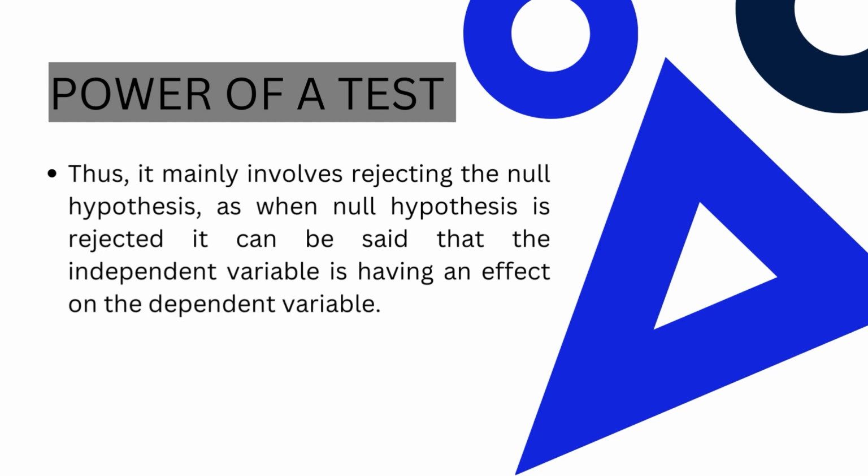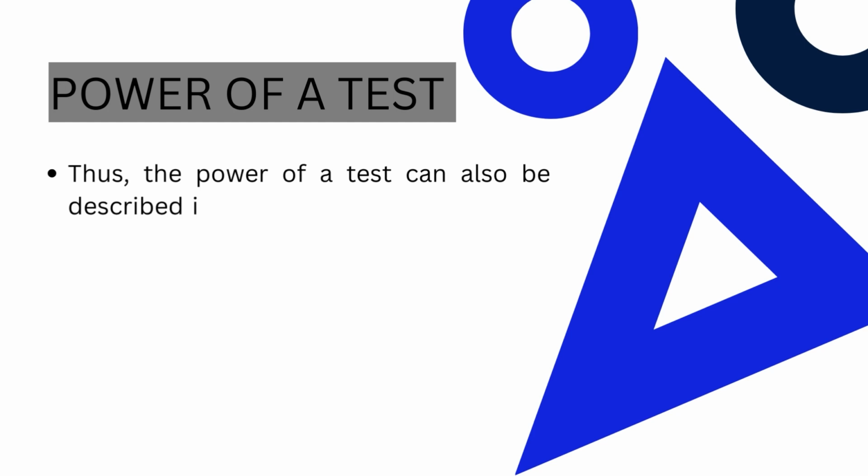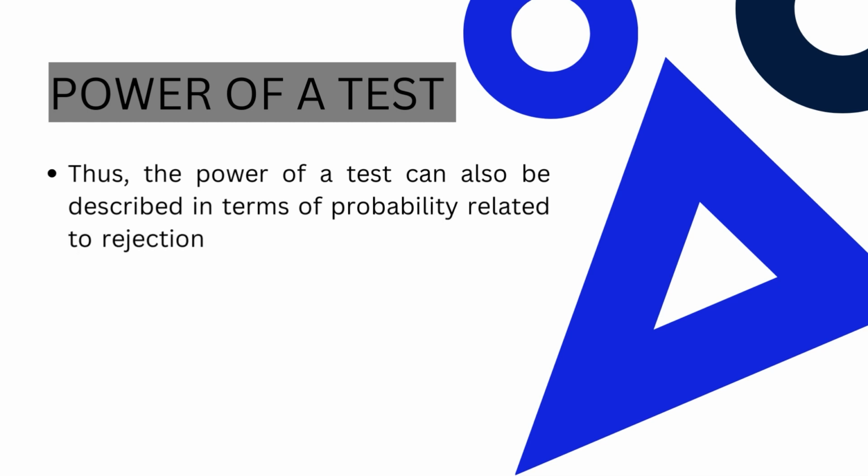It mainly involves rejecting the null hypothesis, as when the null hypothesis is rejected, it can be said that the independent variable is having an effect on the dependent variable. Thus, the power of a test can also be described in terms of the probability related to rejection of the null hypothesis when it is false.